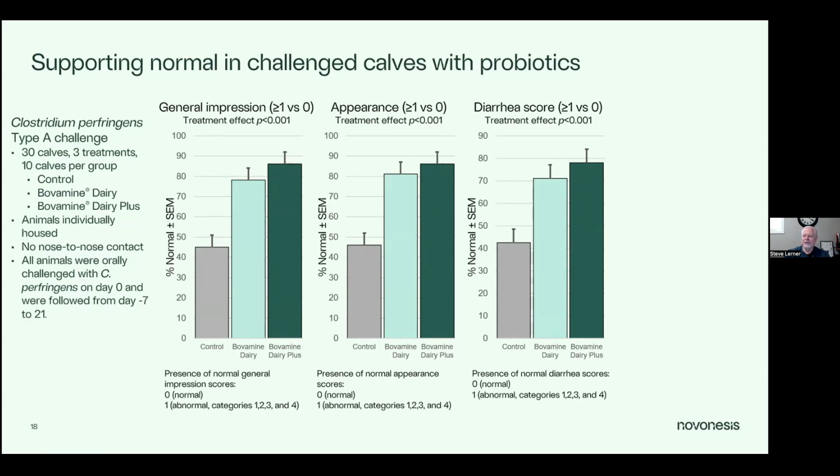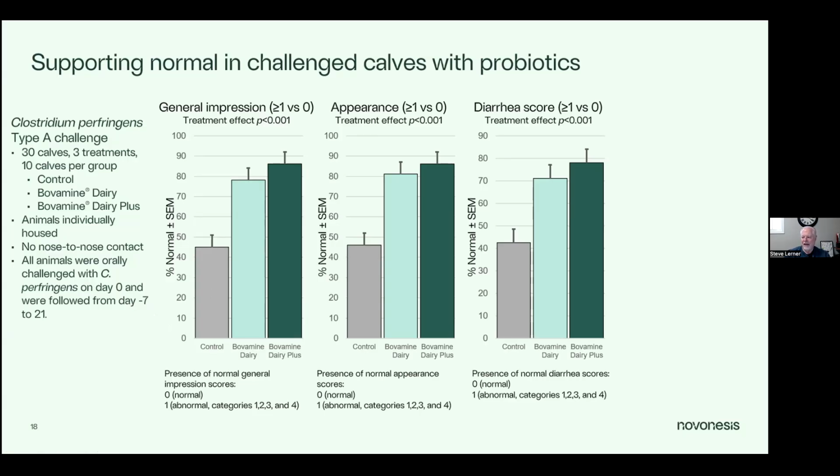I'm really not interested in abnormalities. I'm much more interested in the way that these probiotics supported normal. So you're looking at the percentage of normal days across the 28 days of observation. If you think about it, for 7 days prior to the start, the animals would be expected to be normal.